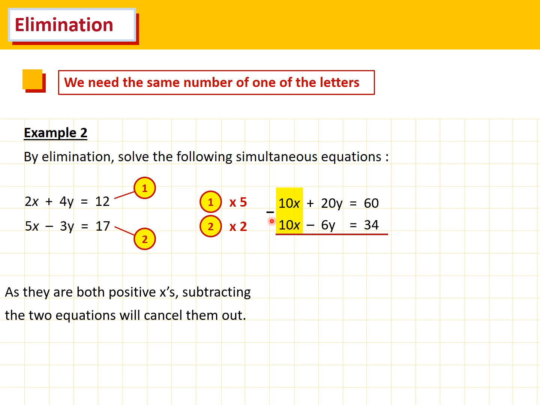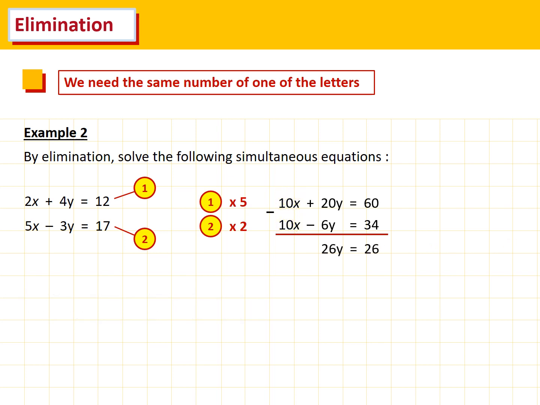We're subtracting negative 6y, and that is going to give us plus. We're actually going to be adding 6y. So we're going to end up with 26y, and 60 take away 34 equals 26. That's nice because it tells us that y equals 1.